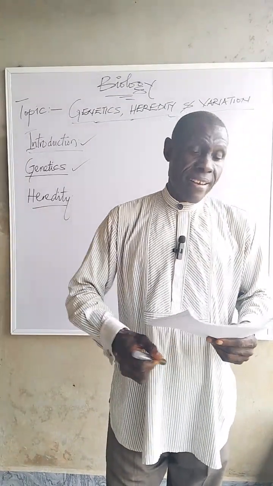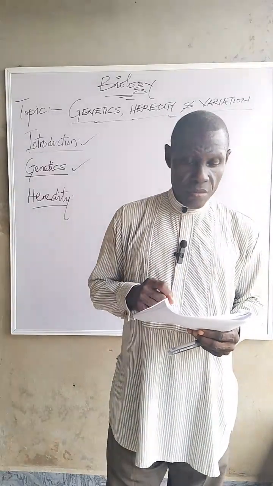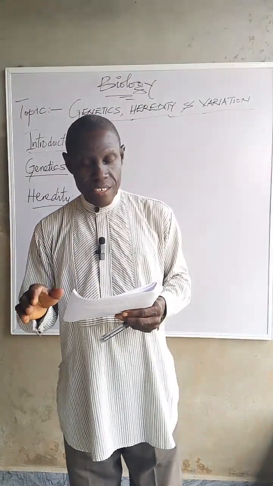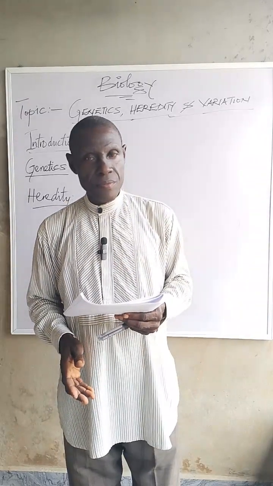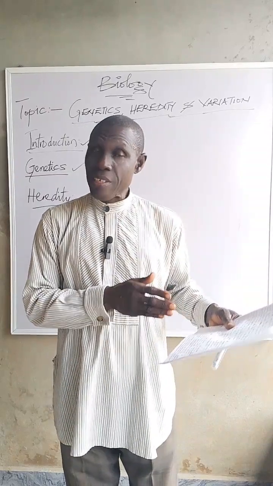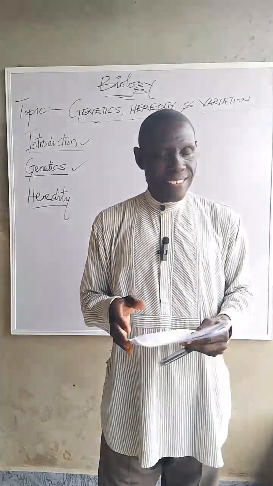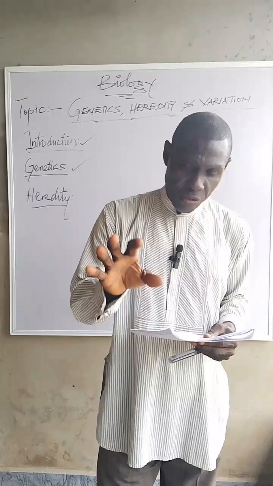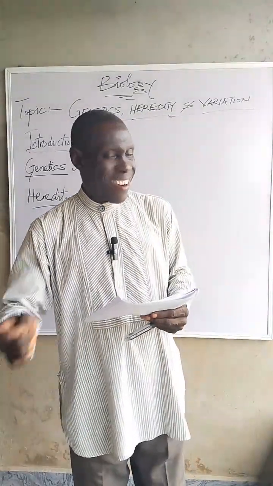Heredity, or inheritance, is defined as what? The transmission or the expression of a trait or a character from parents to the offspring in living organisms. Once living organism is mentioned, you know this covers the plant kingdom and animal kingdom. So I take it once again. Inheritance or heredity is defined as what? The transmission, in other words, the transfer and the expression of characteristics.